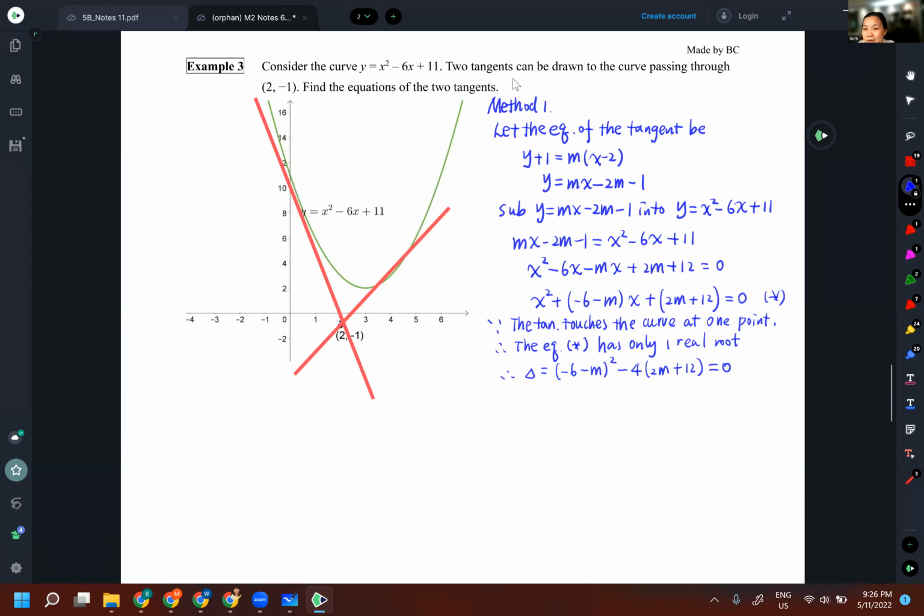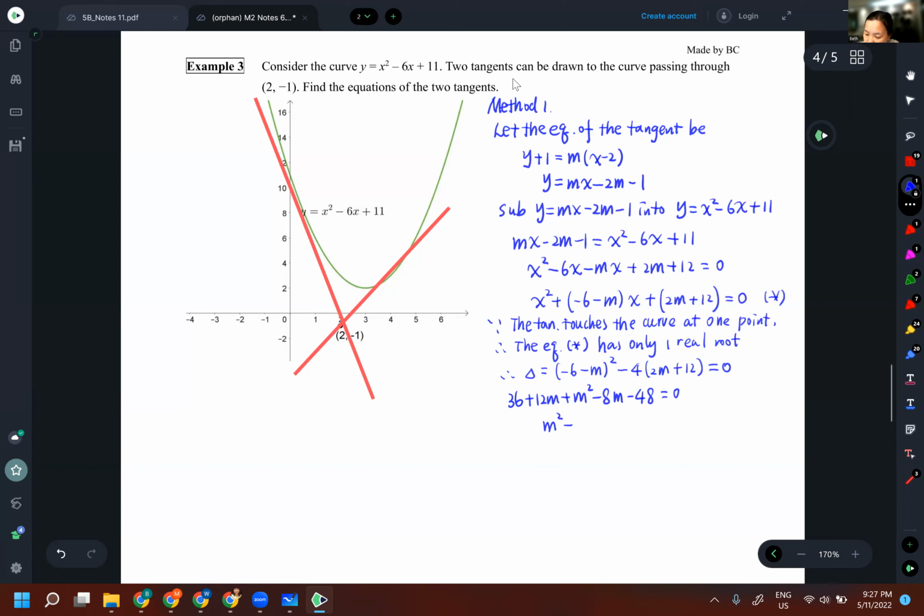I think you have seen this before, but maybe not with a straight line and a parabola; in chapter 7, a straight line and a circle. We use a similar method. So 36 plus 12m plus m squared minus 8m minus 48 equals 0.